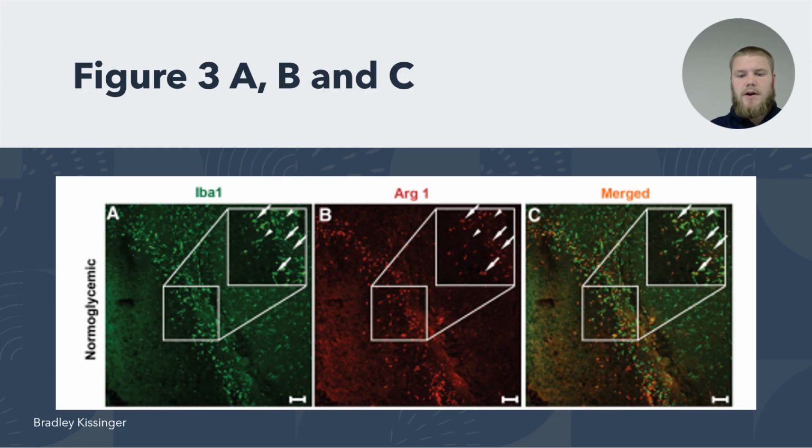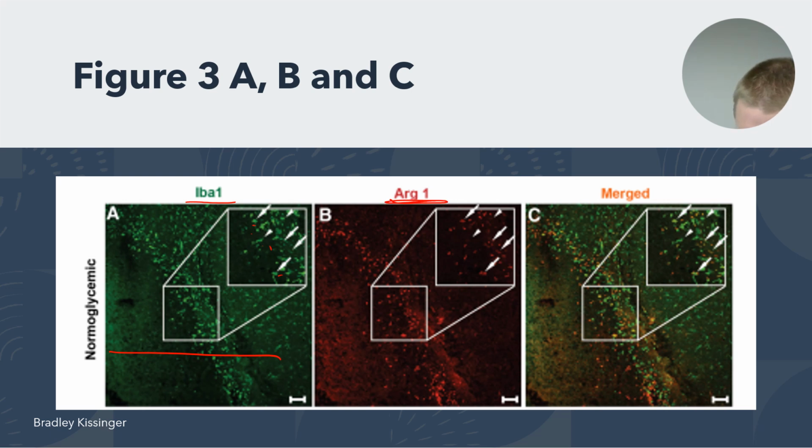So in this figure here, we're going to be looking at A, B, C. You can see here, this green fluorescence down here is showing the IBA1 positive cells, and all these little arrows are pointing to these little specks through here, which are macrophages that are positive for IBA1.